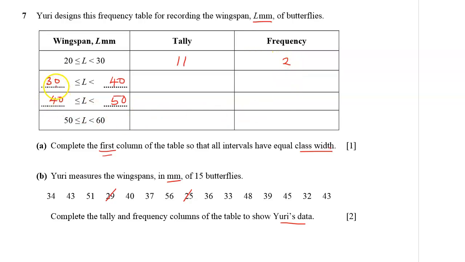Wingspan for 30 to 40. We have 34, which is between 30 and 40. 37, that is 2. 36, 3. 33, 4. 39, 5. 32, 6.